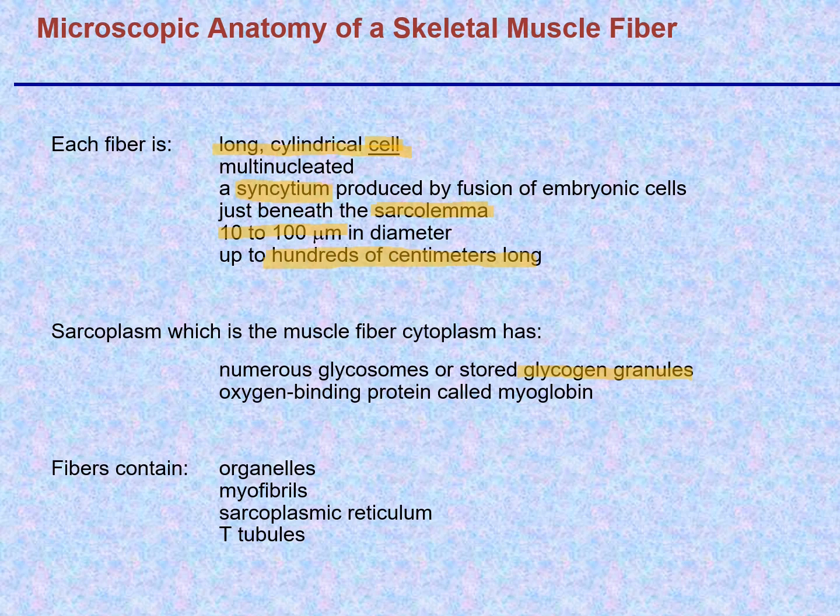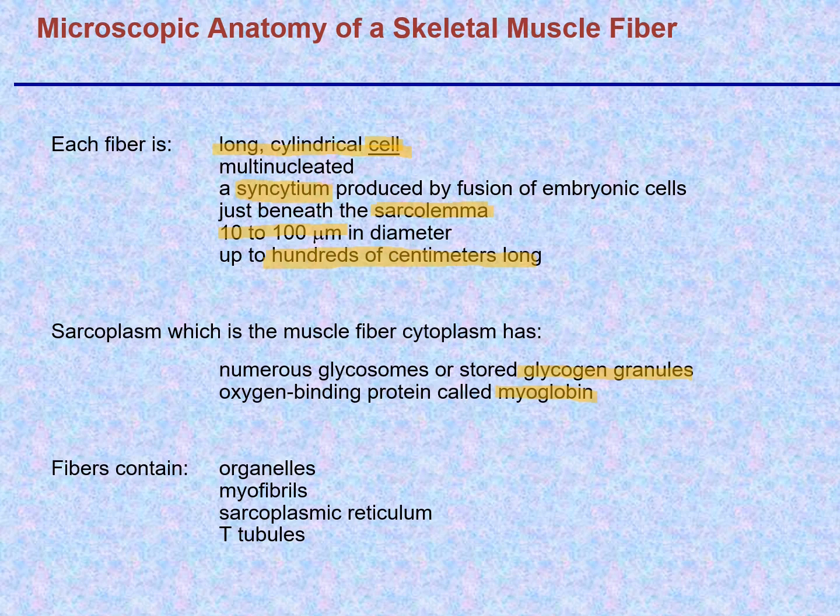The other thing that it contains is a protein that can bind oxygen quite efficiently, and that's called myoglobin. In fact, myoglobin, just like hemoglobin, is red. And the reason meat that you see in the supermarket is red is because it is rich not so much in blood but in myoglobin.